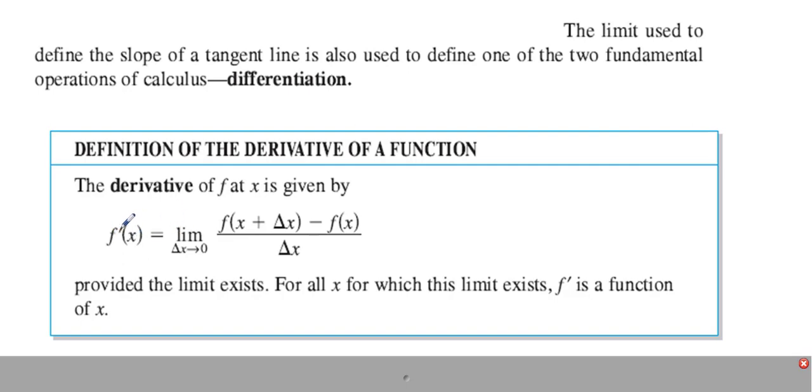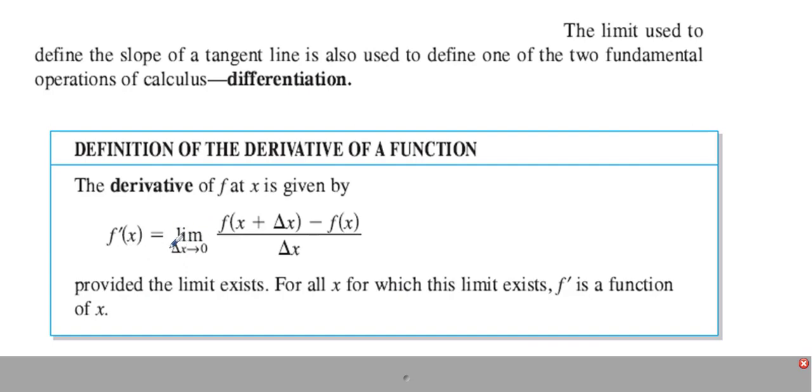That means the derivative of f. It is the limit as delta x goes to 0 of f of x plus delta x minus f of x, all over delta x. Of course, this limit has to exist. This f prime is a function of x.